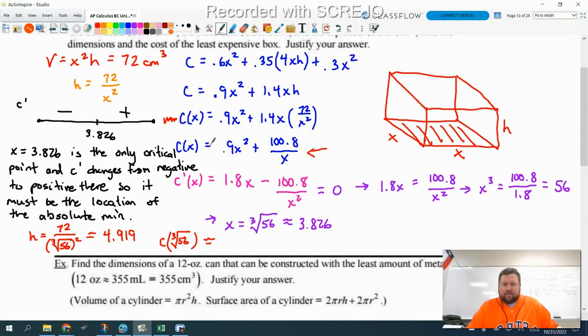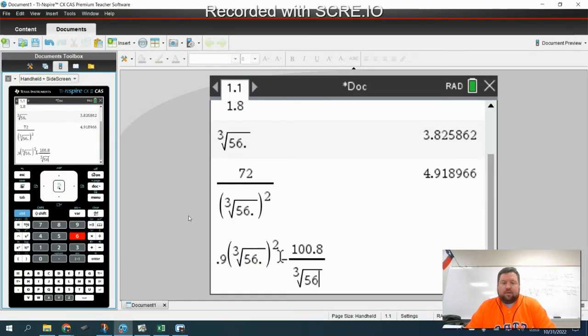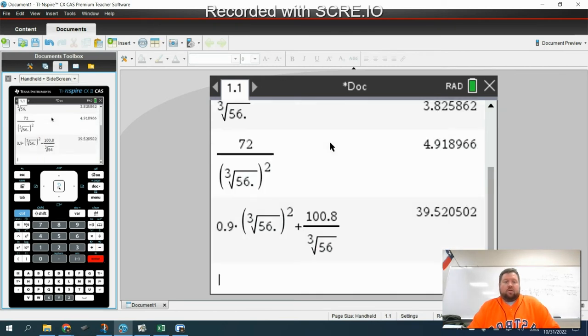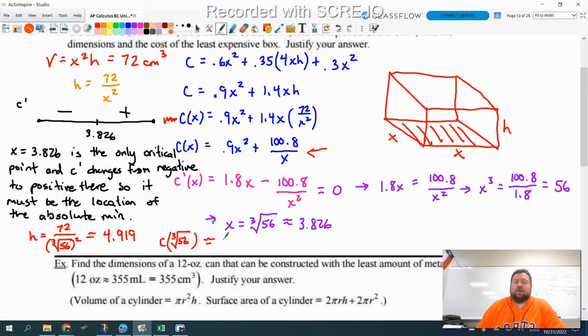Verify I'm getting this right. Yes. So it was plus. All right, we get 39.52, and cost is in dollars, and dollars is always rounded to 2 decimal places instead of 3. So that's 39.52.